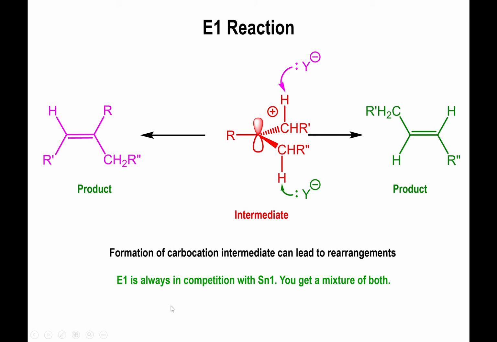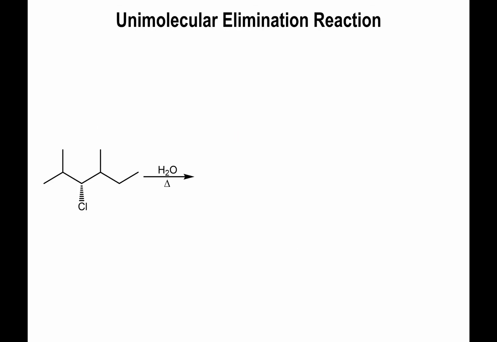And at the end of the process, the E1 is always going to be in competition with an SN1. It's almost unavoidable. You can limit the extent by which they're going to be competing, but you will have a little bit of it in there.